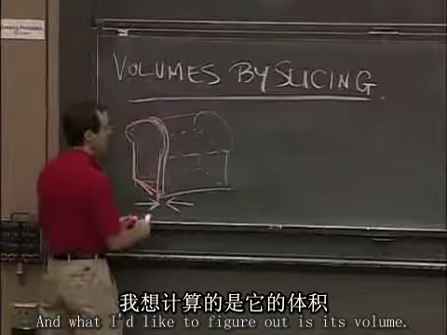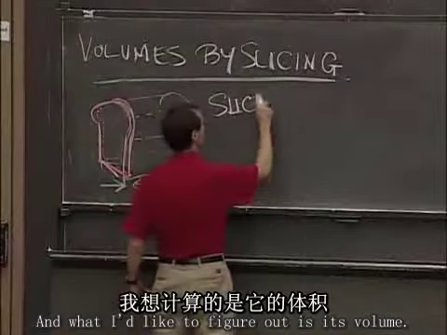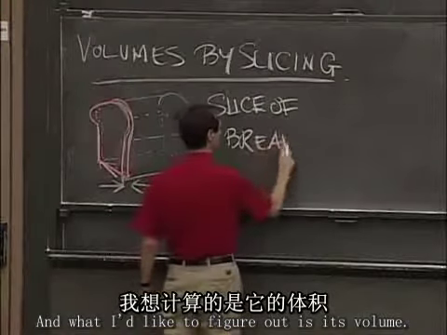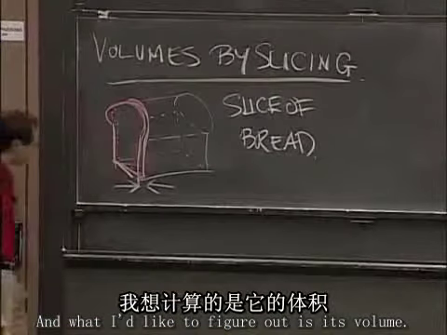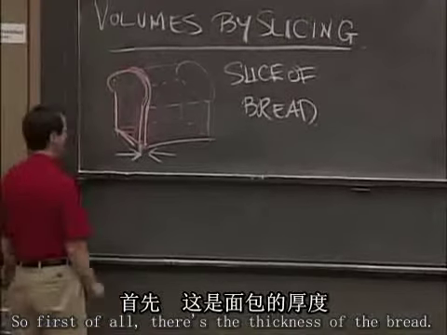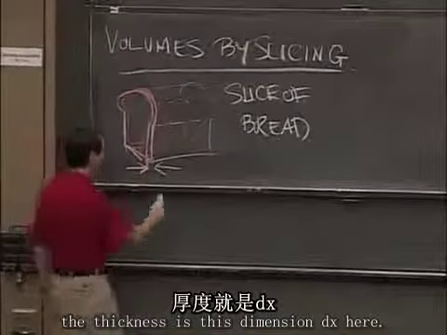And what I'd like to figure out is its volume. So first of all, there's the thickness of the bread, which is this dimension. The thickness is this dimension dx here.